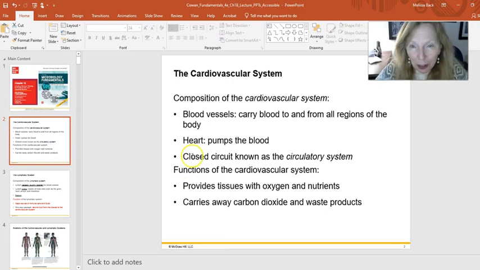So when we think about the cardiovascular system, we understand that it's composed of not only the blood, in our study of blood, hematology, but also the heart, and then those vessels that the blood is flowing through, being pumped by the heart, which is a closed system. So this is providing all of the oxygen, all the nutrients, all the dispersal of hormones, the sending of antibodies to sites that we need, all of those important cells that protect us.